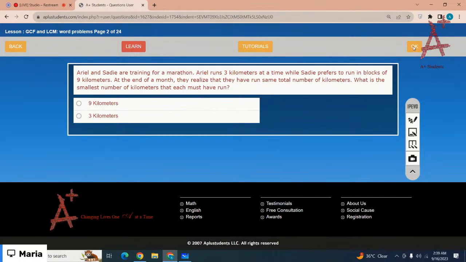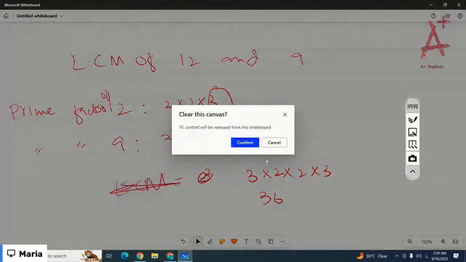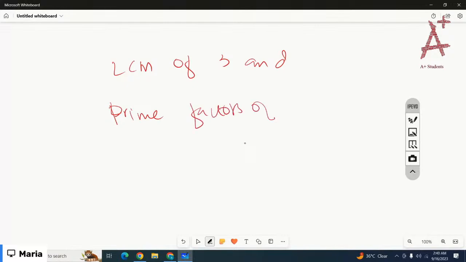The correct option is... Let me just calculate the LCM of 3 and 9. Let's write down the prime factors of 3 and 9.